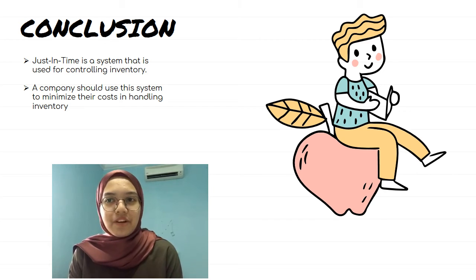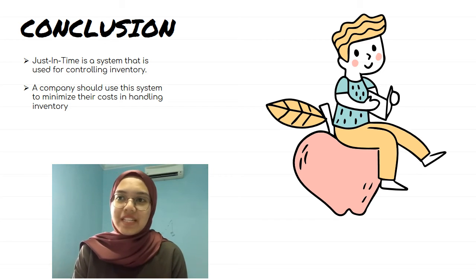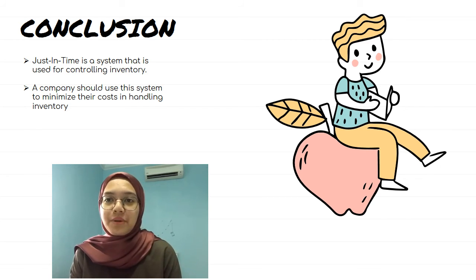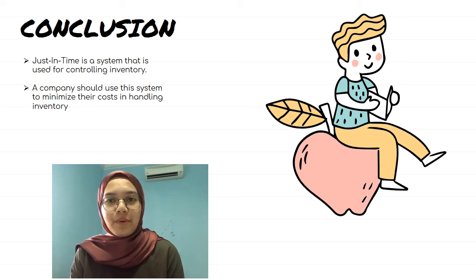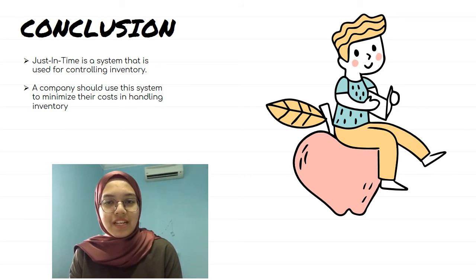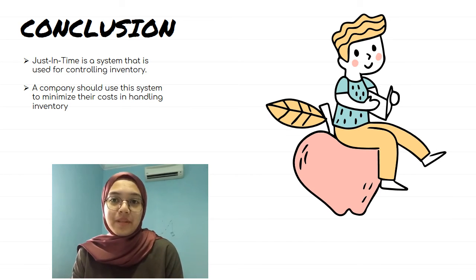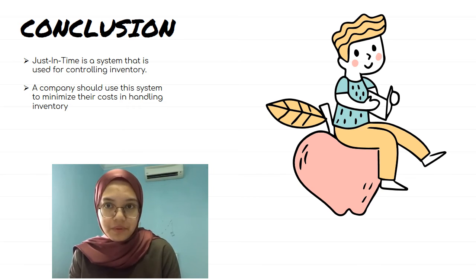So as a conclusion, just-in-time is a system that is used for controlling inventory. Like I have said earlier, just-in-time is a system where the producer will only purchase the raw materials or produce the product only when there is demand.